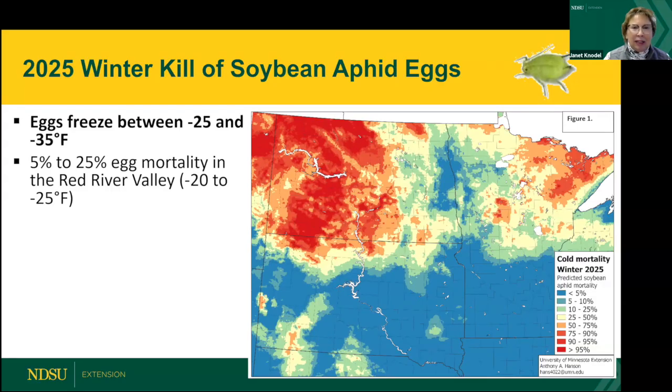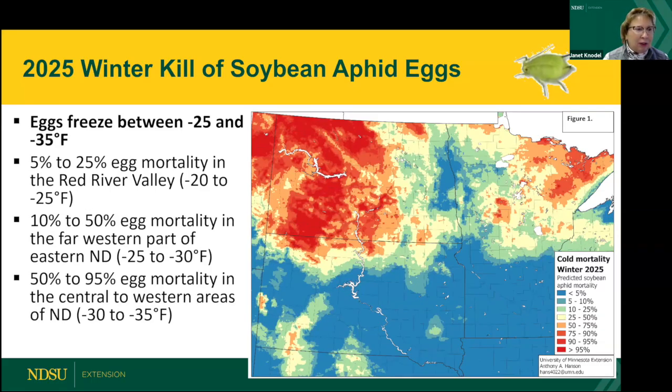So we can get a lot of winter kill due to our extreme winters. And as you can see, the Red River Valley had the most survival, 5 to 25% egg mortality. And as you move westward throughout the state, all the way out west, it got up to 95%.